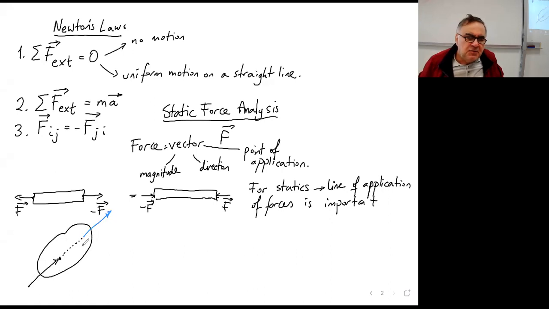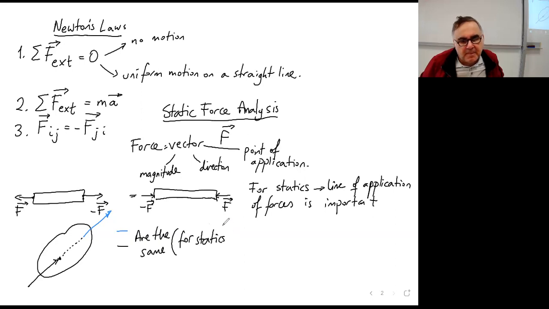As long as the line of applications are the same, this one and this one are the same, let's say, for statics. Well, if the line of application changes, everything changes because, well, their moment effect is going to change, and that's not acceptable.